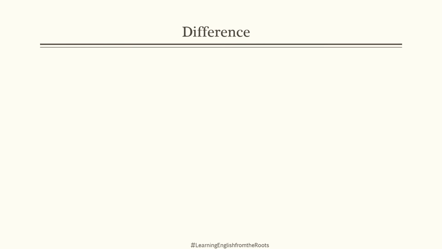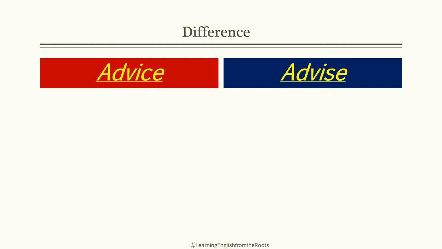Now let us understand the difference between the two words. I'll go step by step for a better understanding. ADVICE, advice, it is a noun. And ADVISE, advise, it is a verb. So it depends on how you are trying to use this word in the sentence. If you're using it as a noun, you just have to ask yourself the question: what are we talking about?